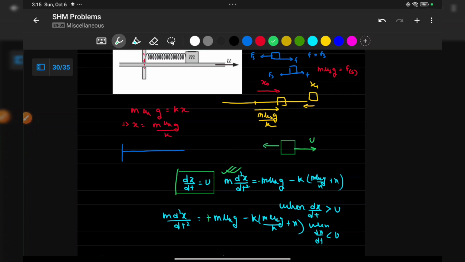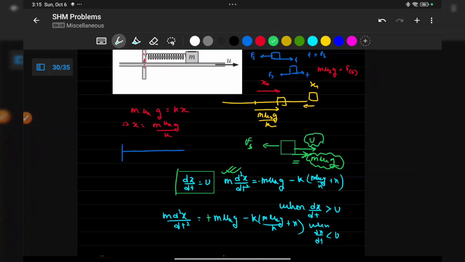There's the spring force, right? There's the spring force, and your friction is working there. Now you may ask, how am I ensuring that the friction is working towards the velocity?